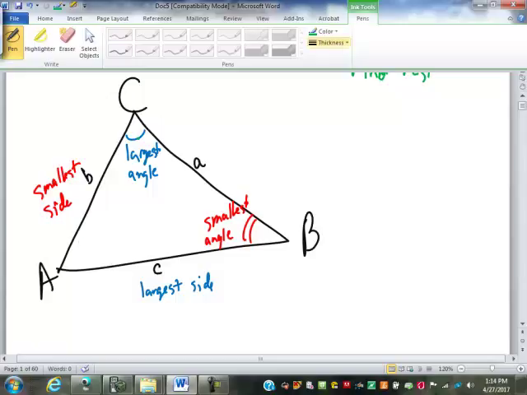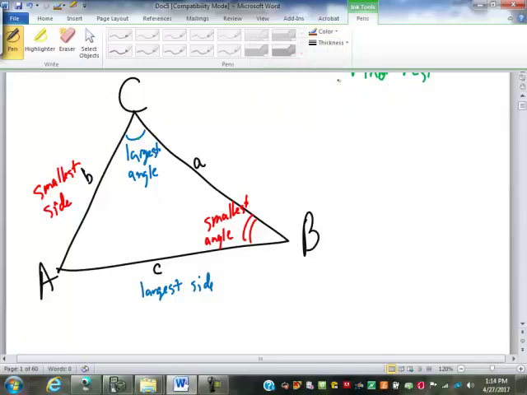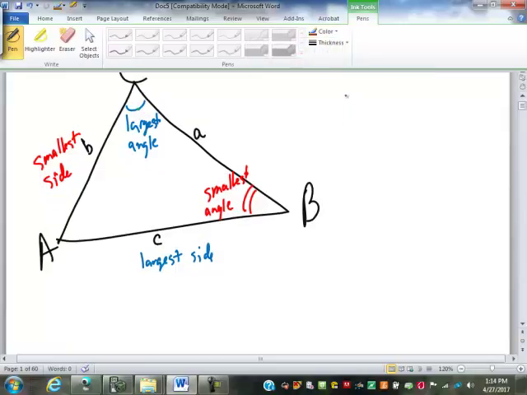So based on that relationship, that the largest side is opposite the largest angle, we can use that relationship to relate the sides. But the side doesn't relate to just the angle, it relates to the sine of the angle.